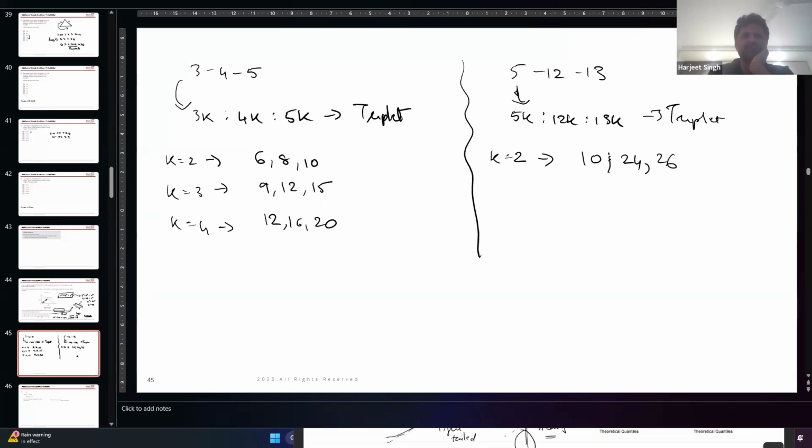This is another example for triplet. And so on and so forth. So there are many such triplets because of these multiple ratios.